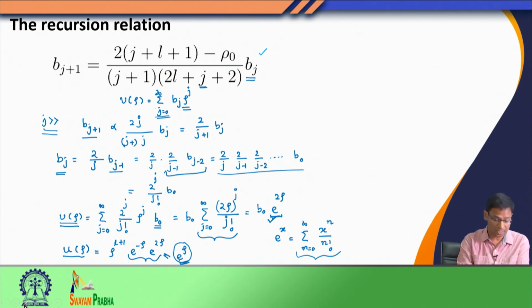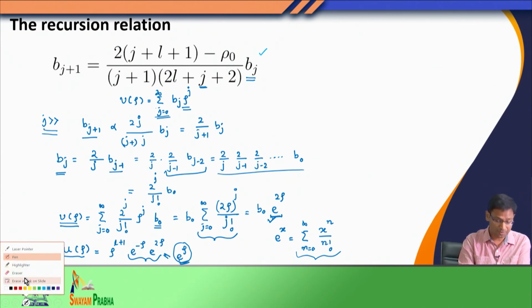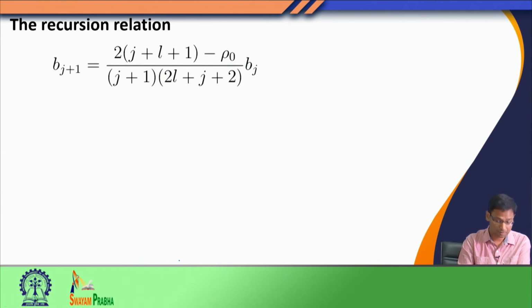What do I mean by that? It simply means that there has to be some maximum value of j, let us call it j max, for which b j max plus 1 should become 0.